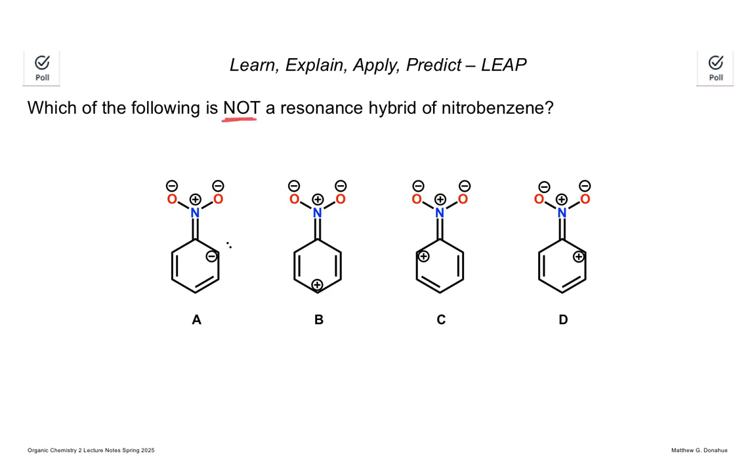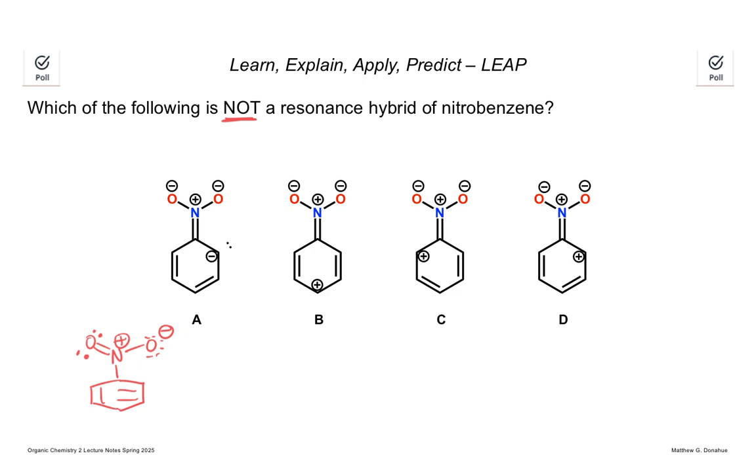So same thing, but now with an electron withdrawing group, nitrobenzene. That's the expanded Lewis structure of the nitro group for nitrobenzene.